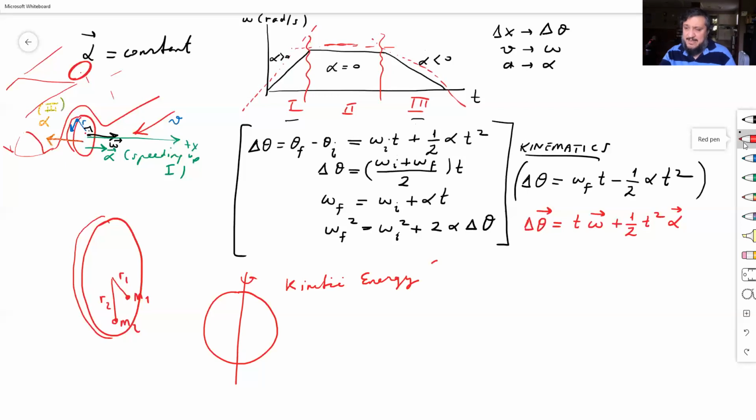Now, the only kinetic energy you know so far is the one we did in class, 1/2 mv squared. That's the definition of kinetic energy. This mass, though, what is it for a rotating body? That's the question now.